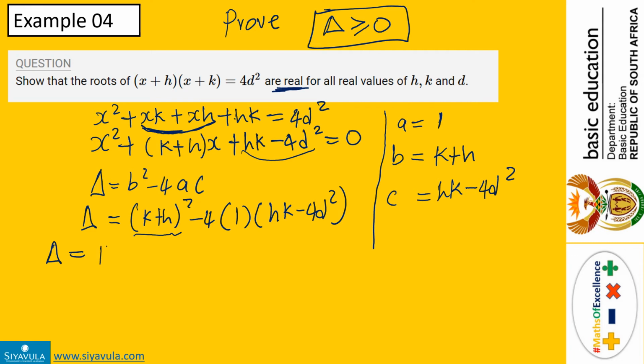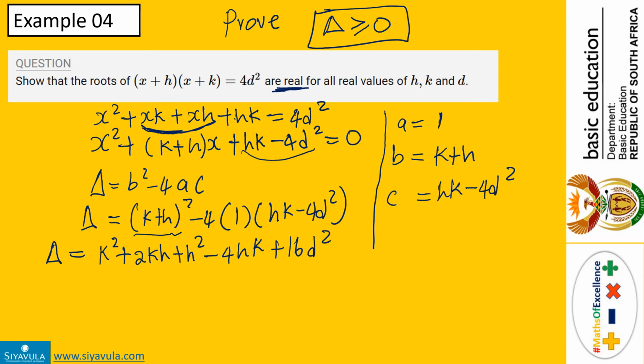It will give me k² + 2kh + h². Then minus 4 times 1 times hk gives me minus 4hk. And minus 4 multiplied by 1 multiplied by minus 4d² gives me positive 16d².